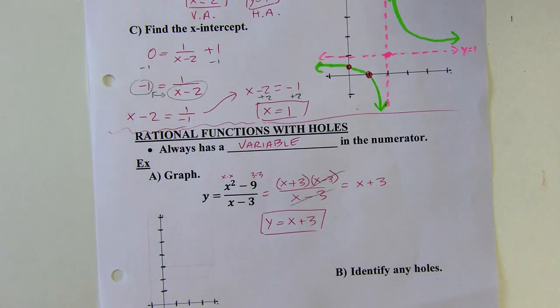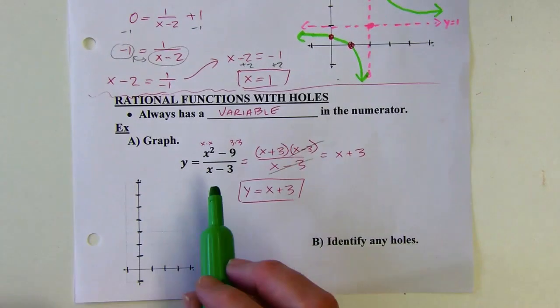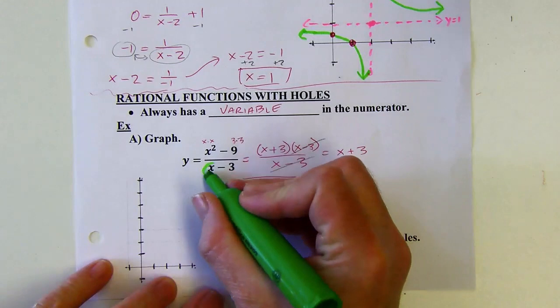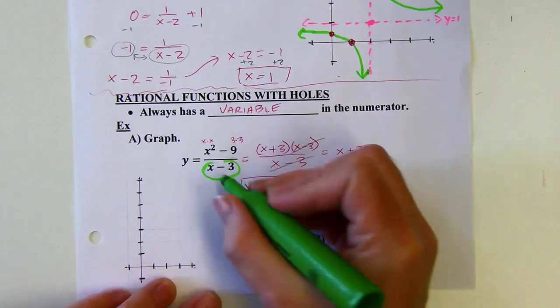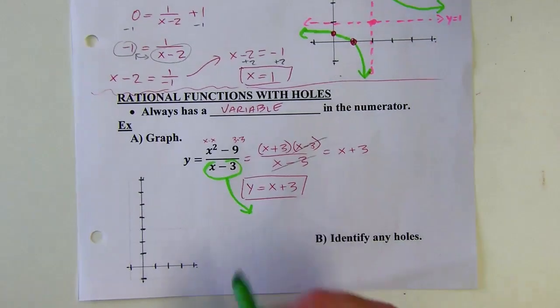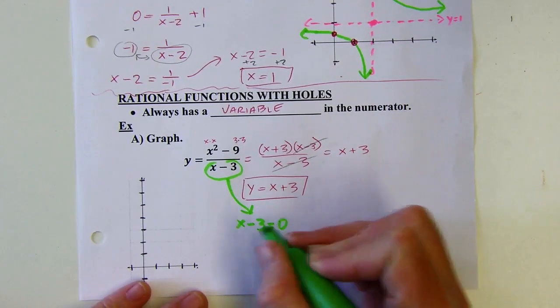But wait a second. Let's go back to the original equation and think, what would my domain be? Okay, remember we can't have 0 as a denominator, which I was forgetting at the beginning of the section. But yeah, we can't have that whole quantity equal 0. So I know x minus 3 can't equal 0.